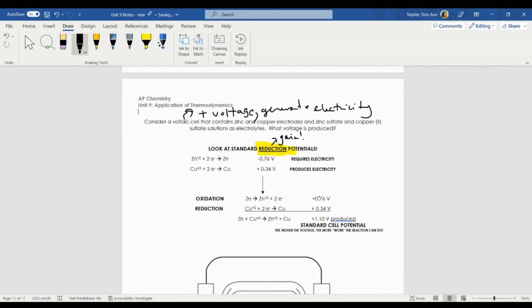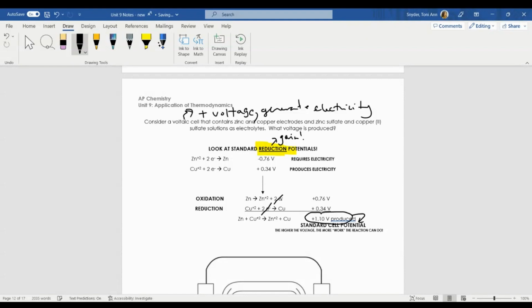In this case, it's going to make it a positive voltage. So now we have an oxidation and a reduction reaction because look, when zinc is getting oxidized and when copper is getting reduced, that produces a positive value for voltage. And this is what we call the standard cell potential, okay? Standard cell potential. Notice here, just like with Hess's law, your number of electrons have to cancel.